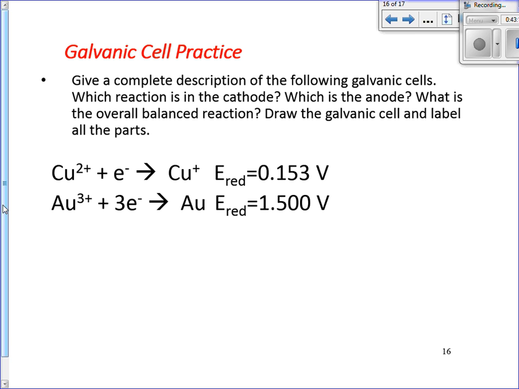So I have to figure out which one to flip here. Which one do I need to flip in order to make it have a positive E cell? The first one. So the copper reaction needs to be flipped. First things first, let me actually draw an arrow instead. There we go, flipped it.